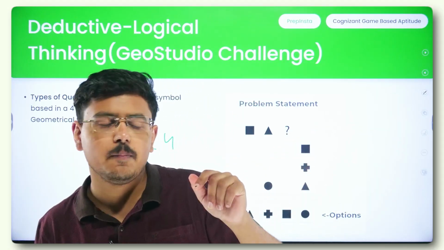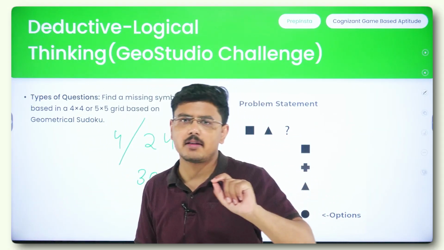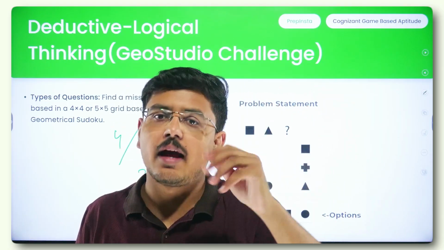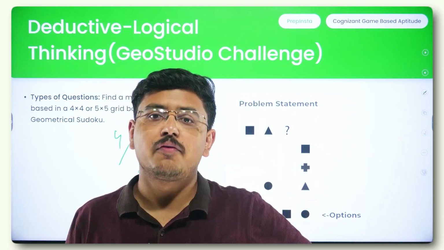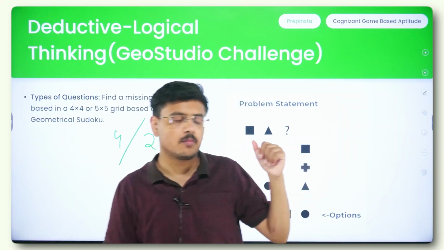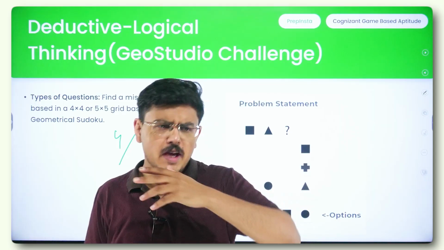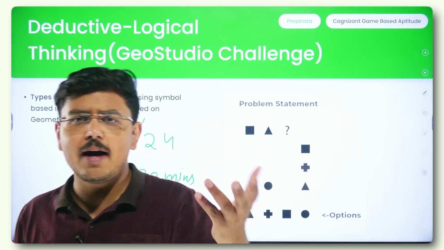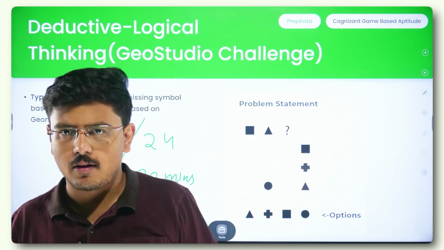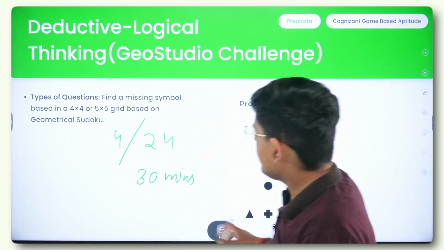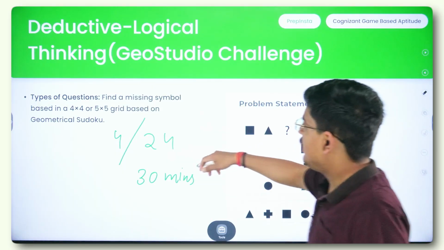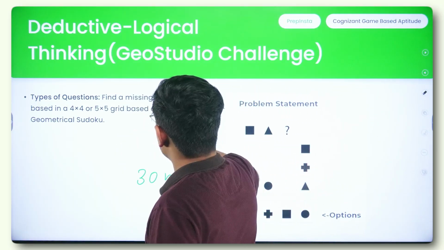So if somebody is a little less accurate than you but much higher in terms of speed, he'll be ranked better than you. Or if somebody has accuracy better than you but speed is very, very slow, and you have decent speed but very high accuracy, you will be marked higher. So both accuracy and speed are needed. Keeping that in mind, start understanding the types.